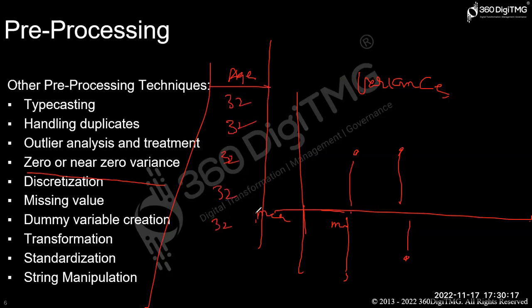When I find the mean of these values, how much will I be getting? 32. And if I find the variance, all are 32s only. All the data points are on the line, so you won't be having any variance. No variance, or zero variance.